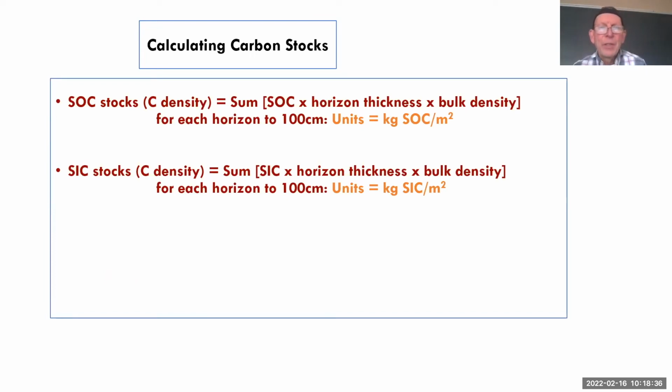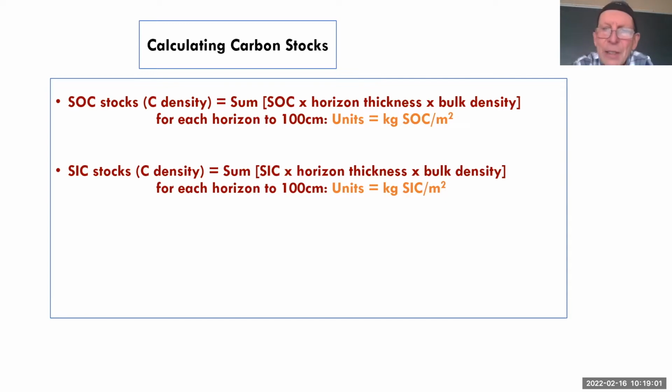So I'm going to show some data for some soils in New York City, and wanted to go over how we calculate the carbon stocks. What we usually do is we're trying to calculate a carbon density, okay, the amount of carbon to a selected depth. Usually it's a meter, and it's the amount of carbon per square meter.